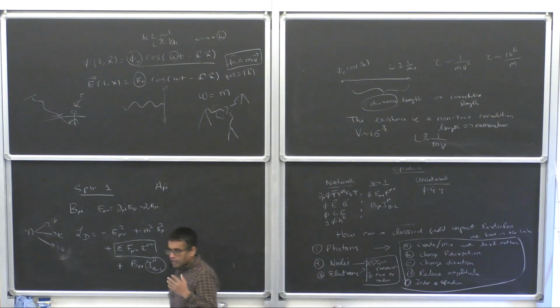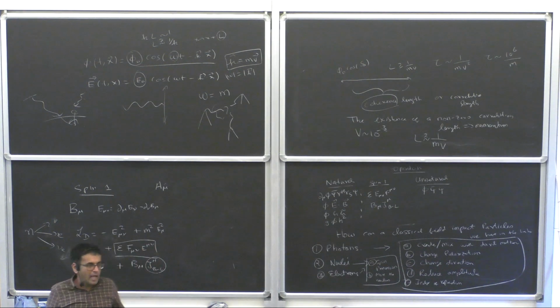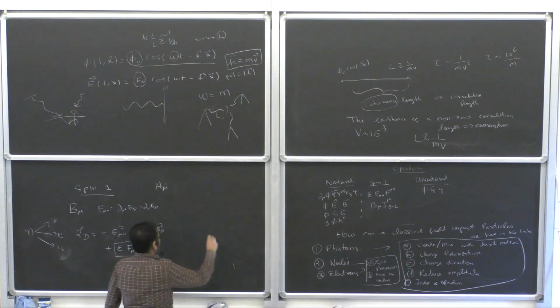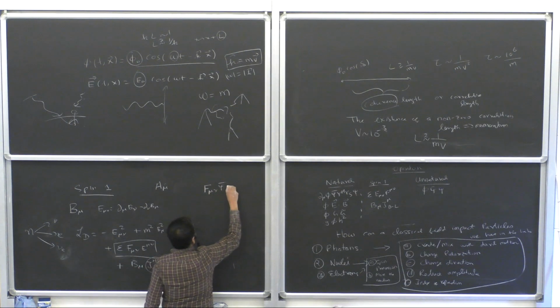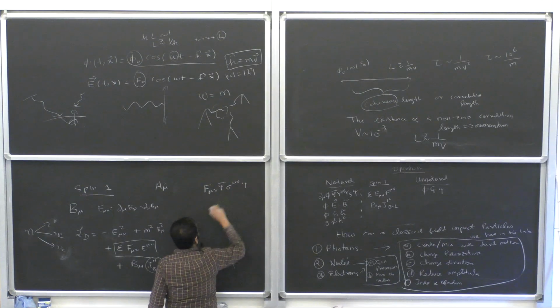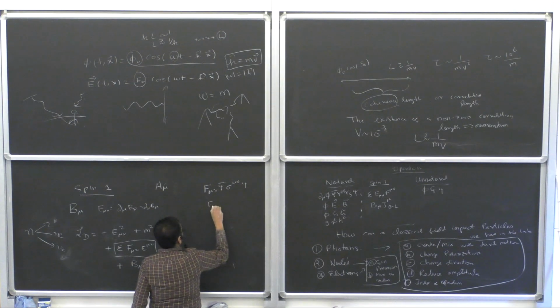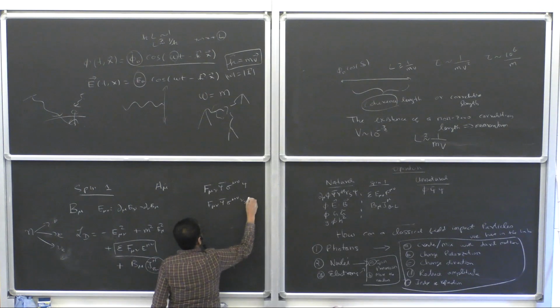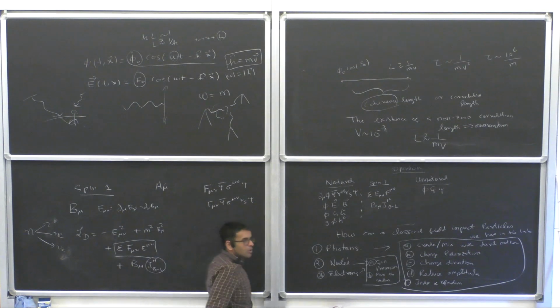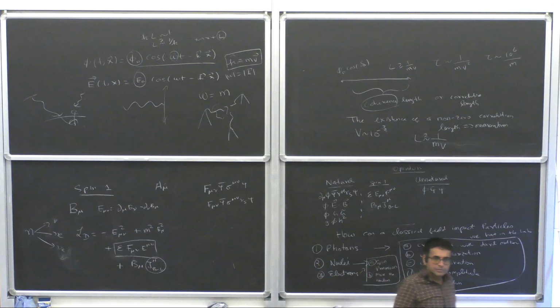So those operators are also possible, because in the standard model I can write down terms of this kind: F mu nu, psi bar, sigma mu nu, psi, and F mu nu, psi bar, sigma mu nu, gamma phi, psi. These things give you magnetic and electric dipole moments.